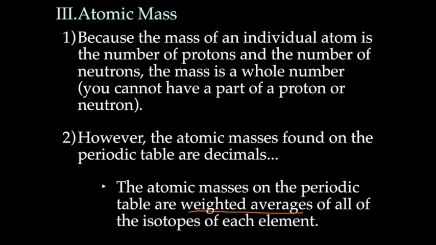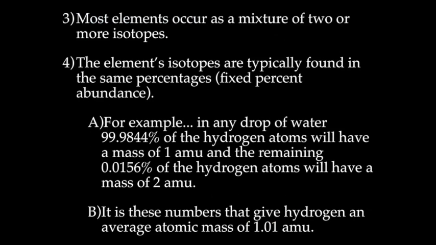We could have carbons that have 6 neutrons or 5 neutrons or 7 neutrons. So what the scientists did is they took all of the carbons they could find, dumped them on the scale, weighed them, counted how many carbons there were, and divided by that number. But they didn't know how many neutrons each of those carbons had. All they knew was that they each had 6 protons.